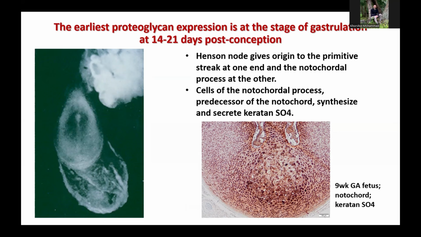It's not yet a rigid rod, and it has a lumen in the middle that the notochord doesn't have when it matures. But you can see here the reactivity in the notochord of a slightly older fetus, a 9-week fetus. Again, the notochord secretes keratan sulfate because there are no astrocytes yet at this age.